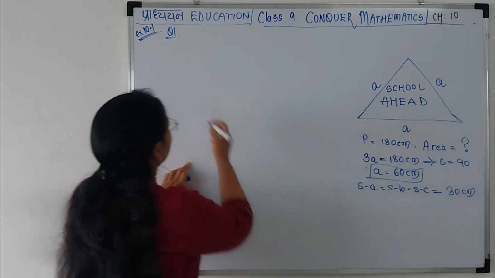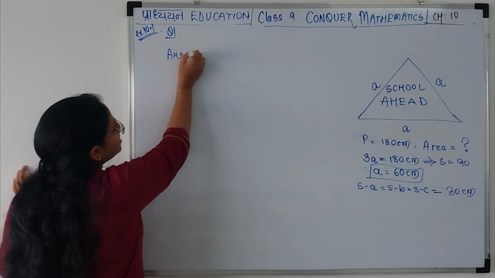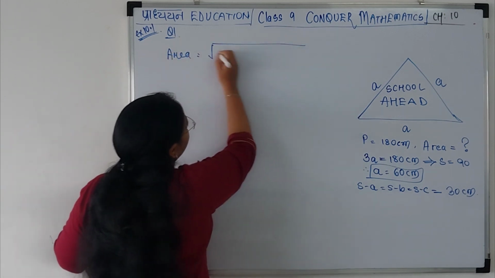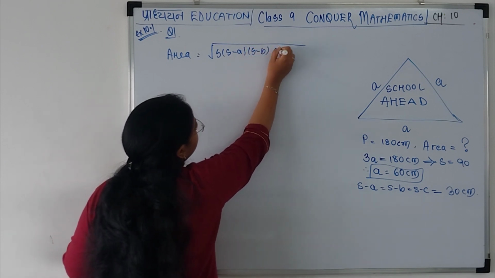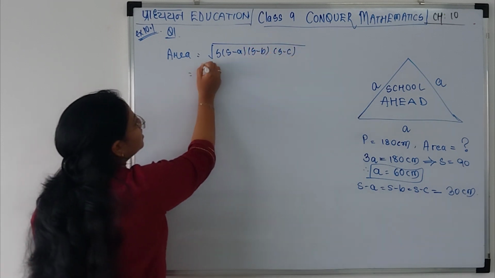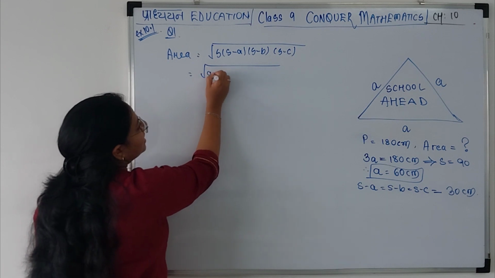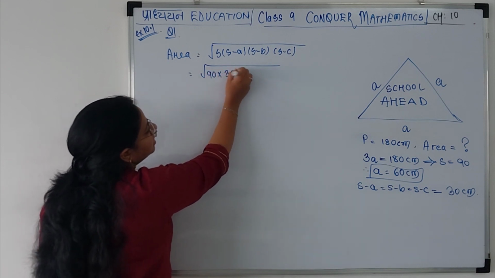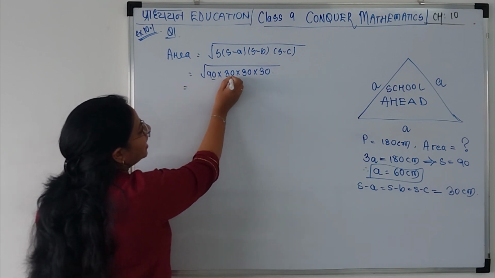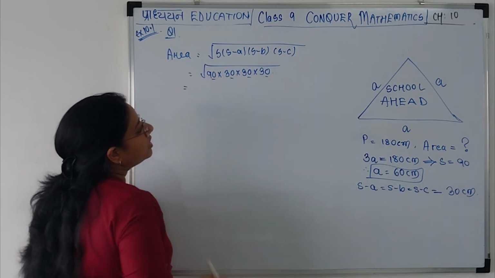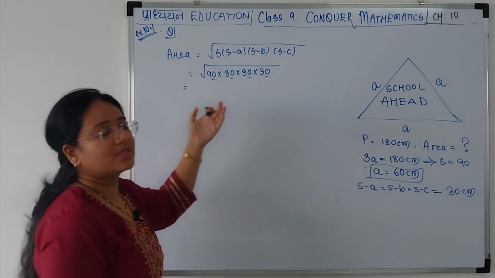Easy. So using Heron's formula, we can say the area is equal to root of S into S minus A into S minus B into S minus C. This is equal to root of 90 into 30 into 30 into 30. Correct? Now you can easily take, as I said in the previous video also, if there are zeros, you can easily take them outside.